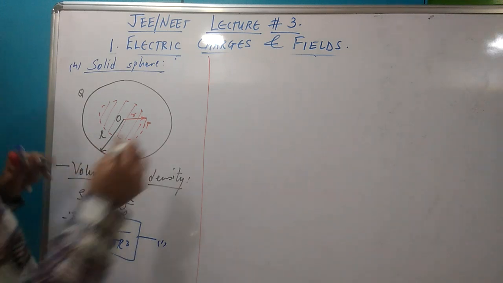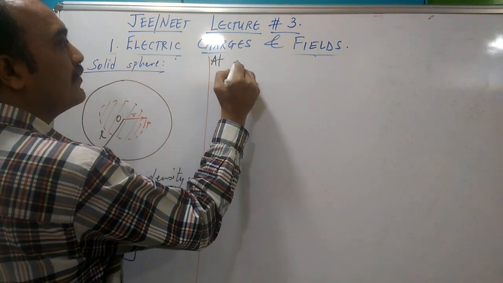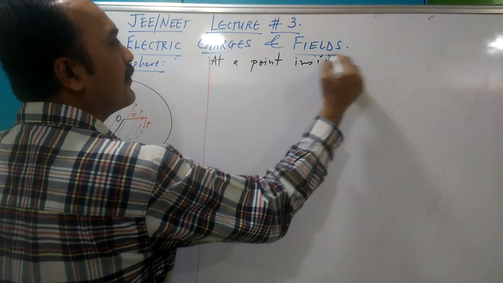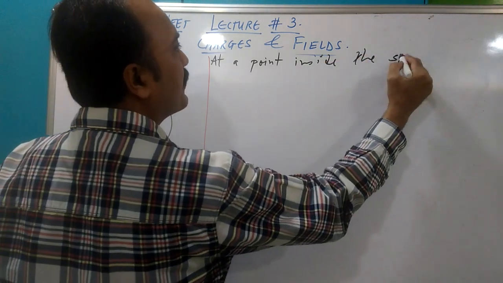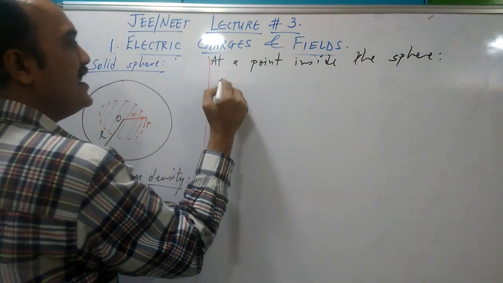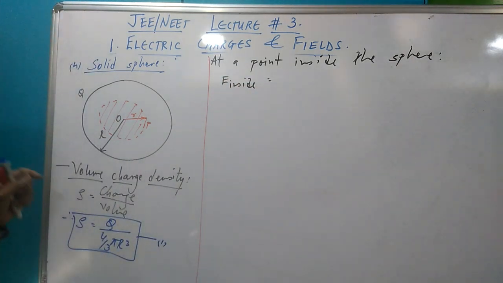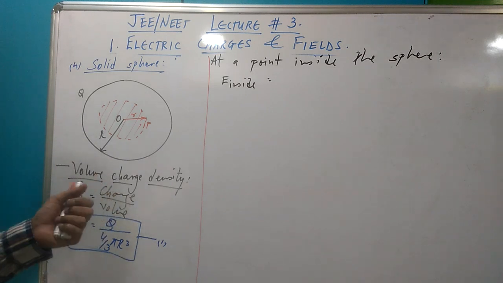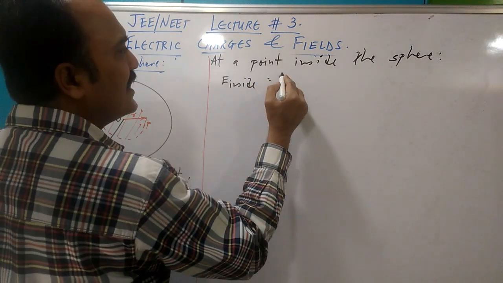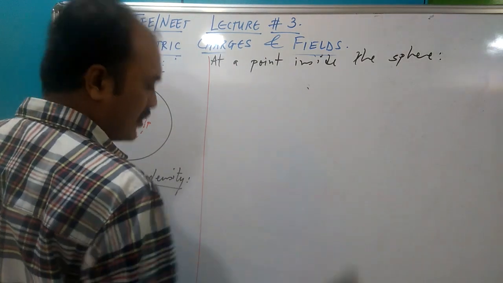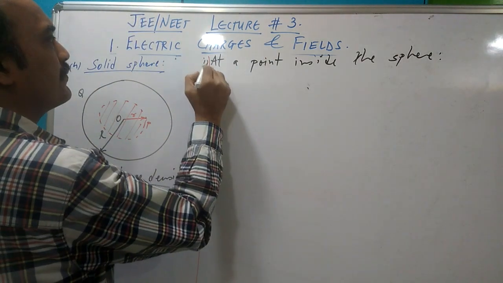So what do I have at a point inside the sphere? E inside is, you want me to derive, already derived it in the board lectures. E inside, let me derive it, let me do this.